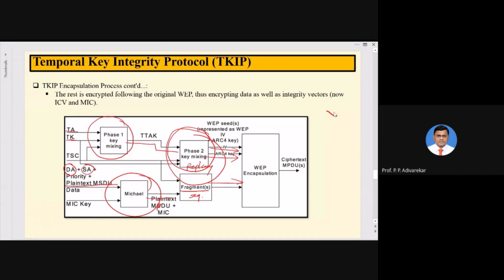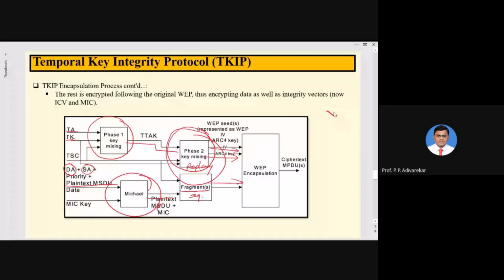Now it is XORed with the plain text MPDU, just like in WEP. This plain text MPDU is nothing but the fragment of actual data, and the fragments and actual data also have the integrity check value. So key sequence plus plain text will give you the ciphertext MPDU.